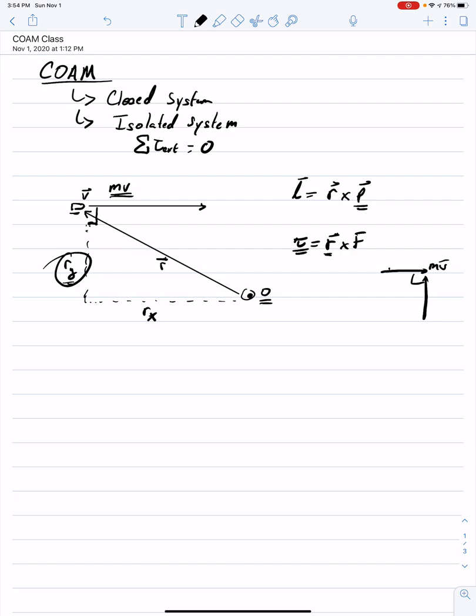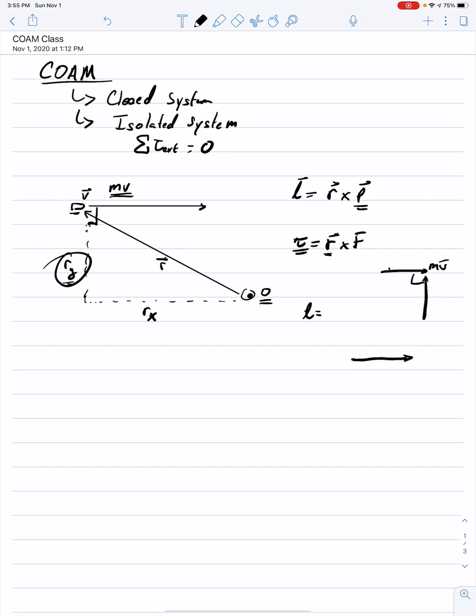And you can rewrite this as angular momentum is equal to r times mass times velocity times sine of theta. Okay? Let's put it this way.